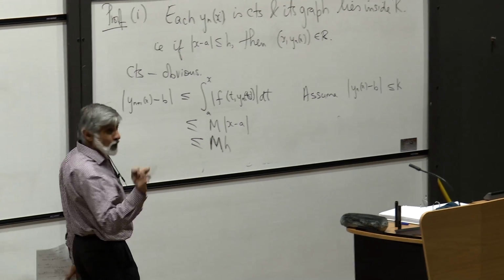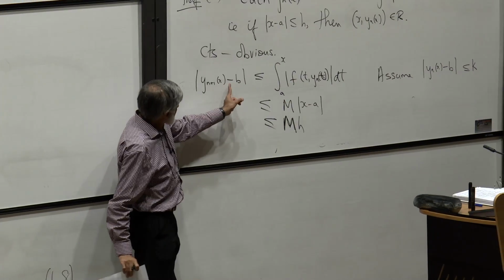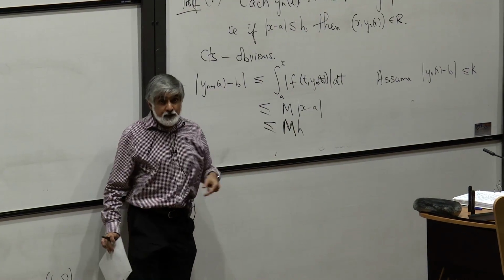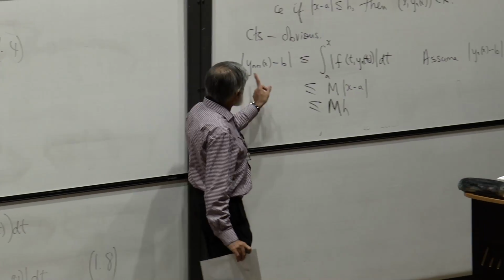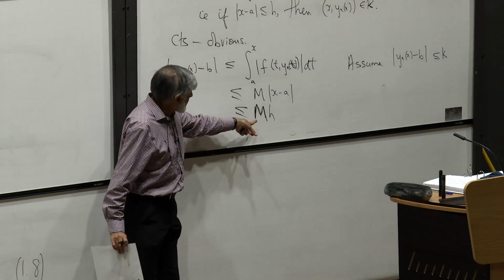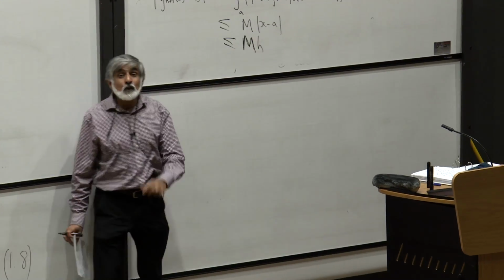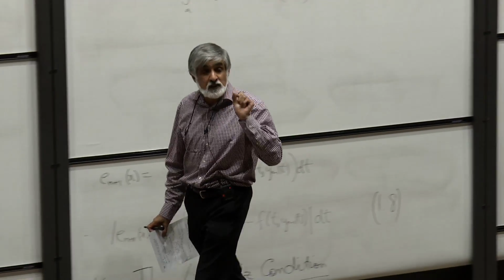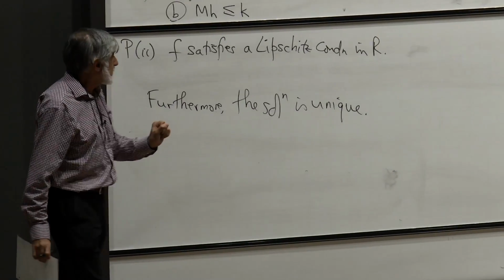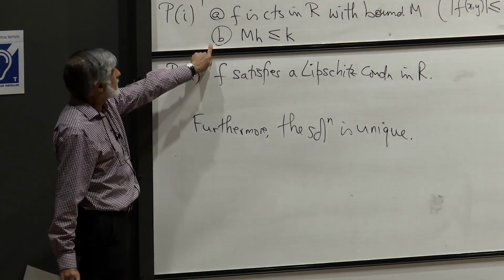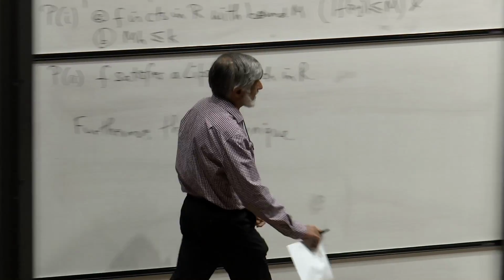Now this is really annoying, because we wanted yn plus 1 minus b to be less than or equal to k. And we've ended up getting yn plus 1 minus b is less than or equal to m times h. So if only m times h was less than or equal to k, we'd be all right. Oh, it is less than or equal to k. Fantastic.